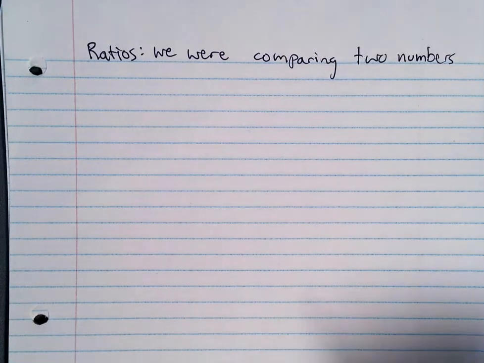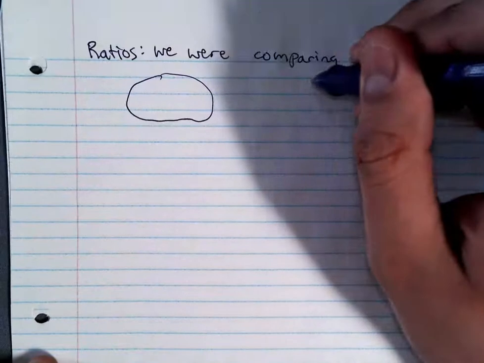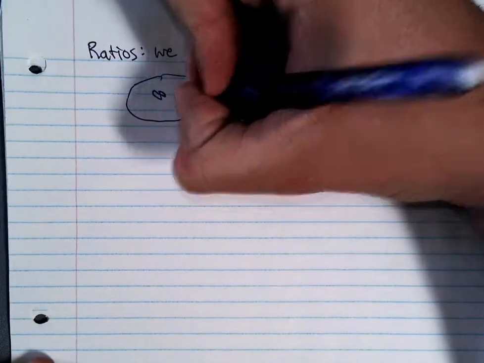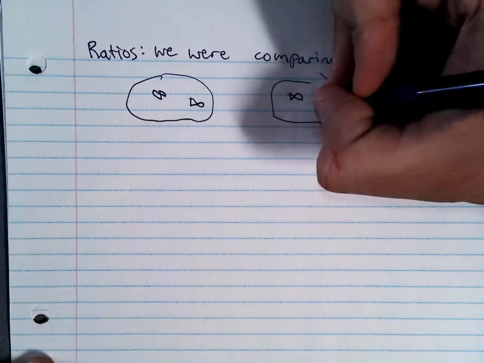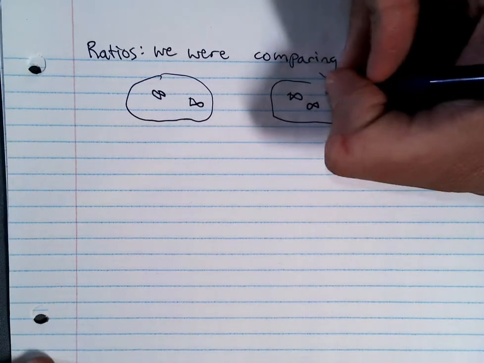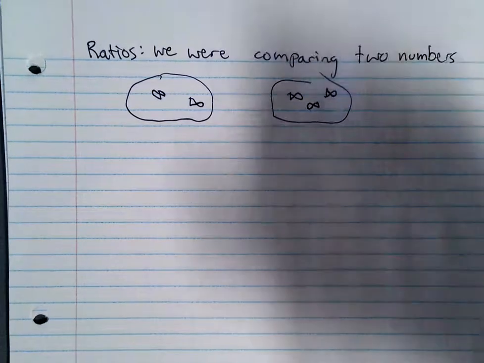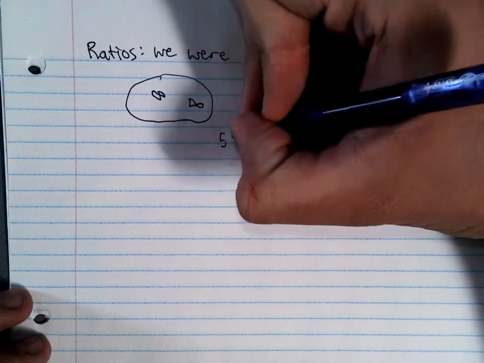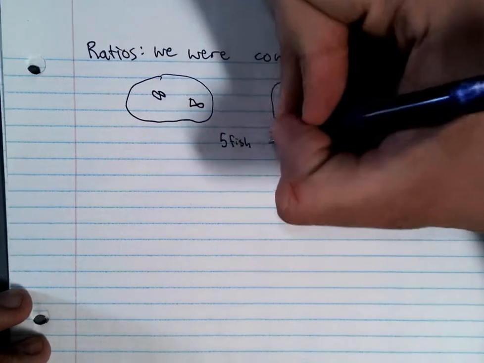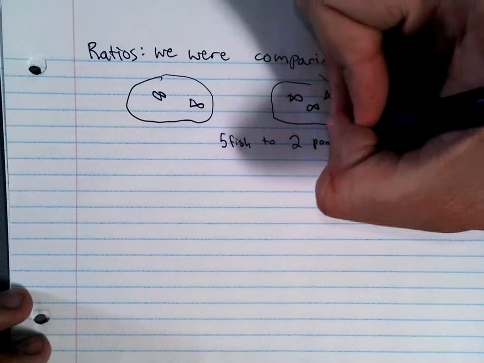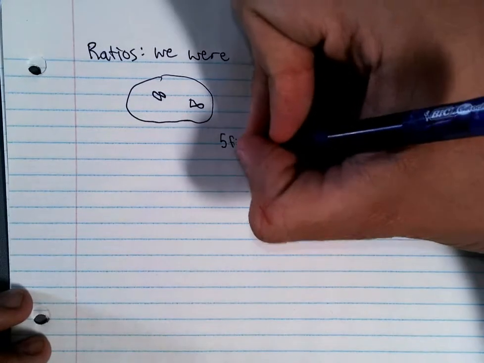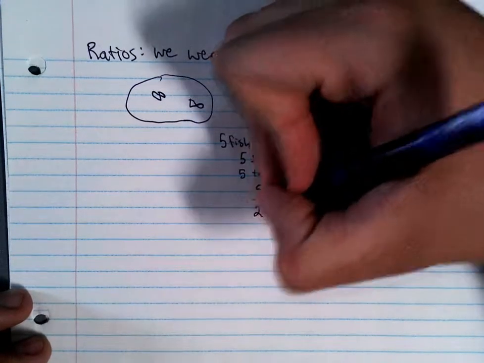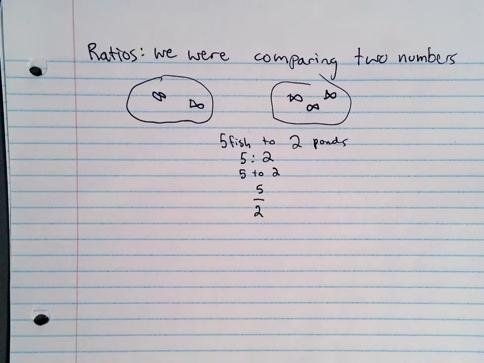Like we said, if we had two ponds and 5 fish, all we had to do was outline the ratio of fish to ponds. We had 5 fish to 2 ponds, which we could write as 5 to 2, or 5/2, if that seems familiar.